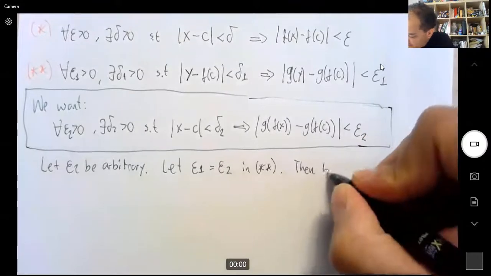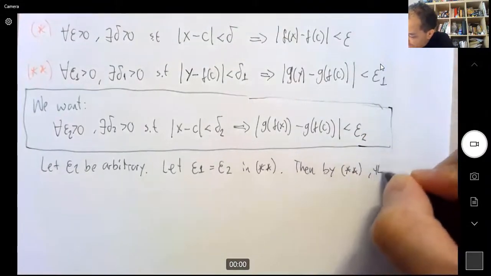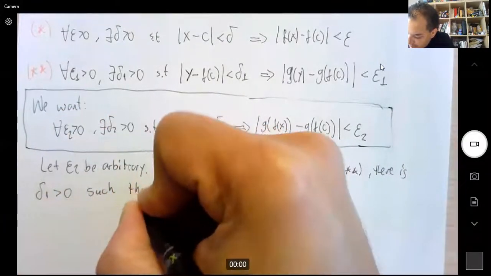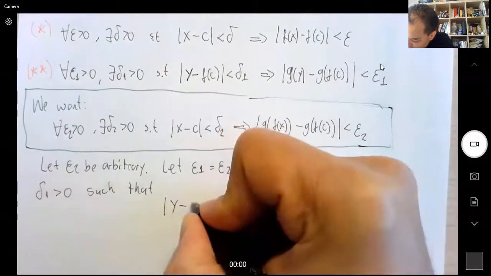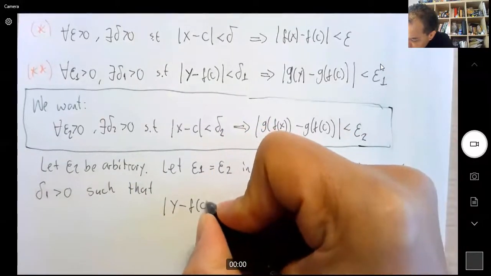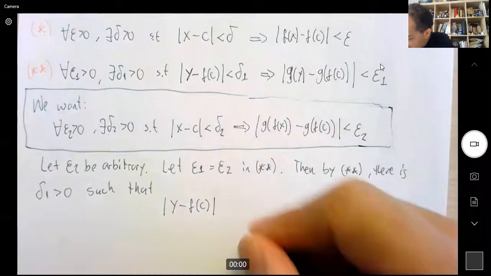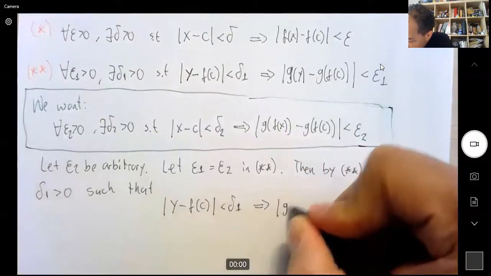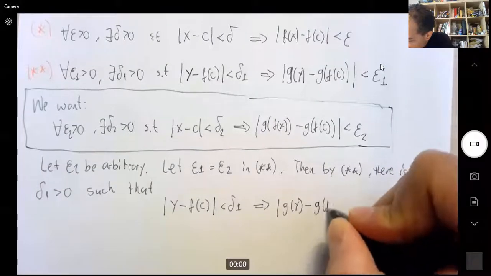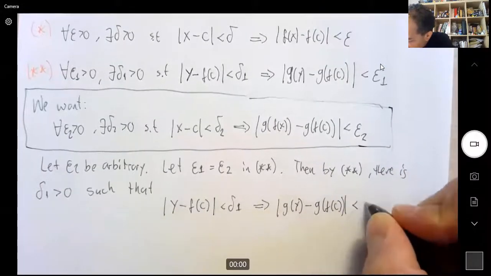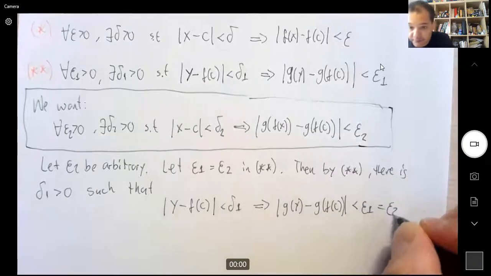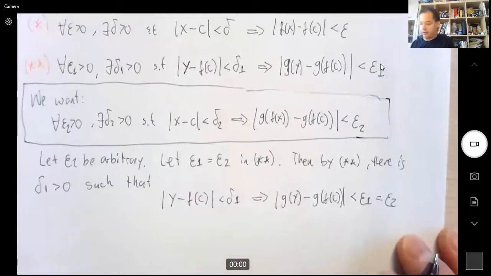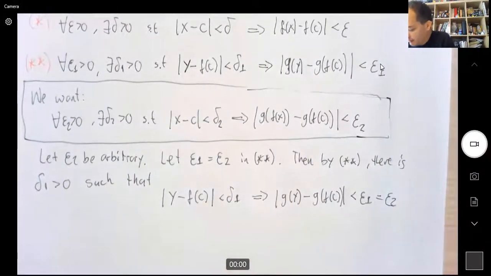Then by double star, there is delta 1 greater than 0, such that |y minus f of c| less than delta 1 implies |g of y minus g of f of c| less than epsilon 1. And remember, epsilon 1 is epsilon 2. Okay, good. All right. Then what?